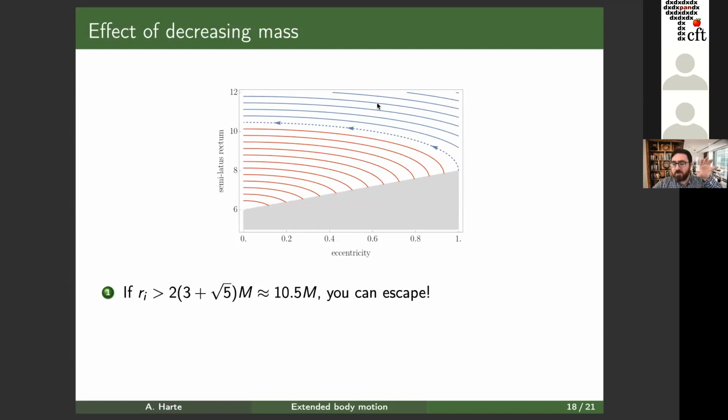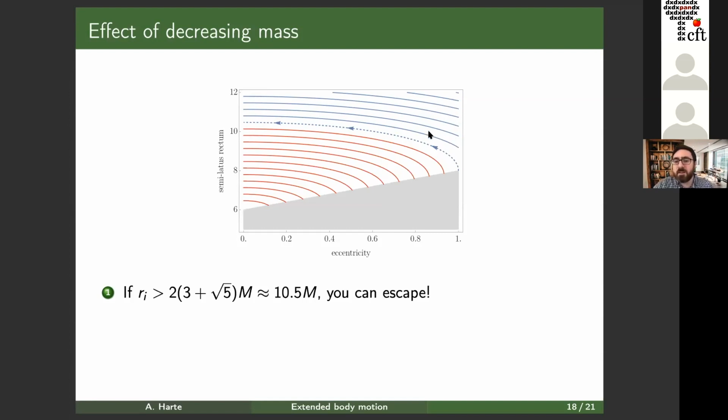That means that if you start on a bound orbit and you perform these maneuvers, you have these cycles with non-zero area, eventually you unbind your orbit. You're stuck around the black hole, and you do this operation, you eventually can make yourself escape. So you're not stuck if you run out of fuel.